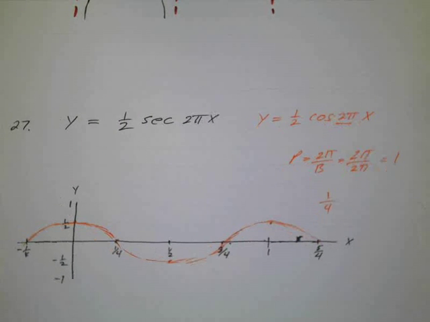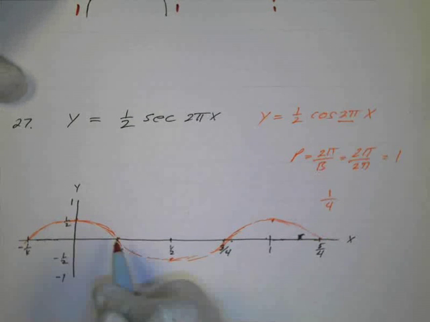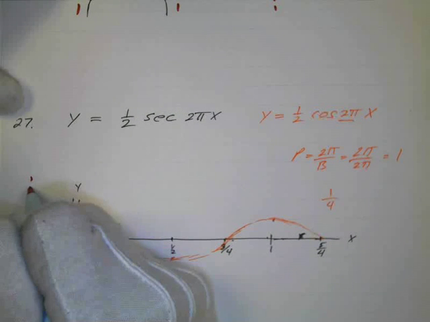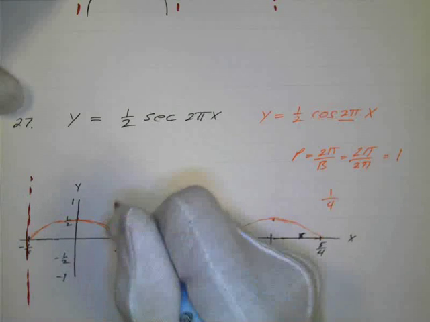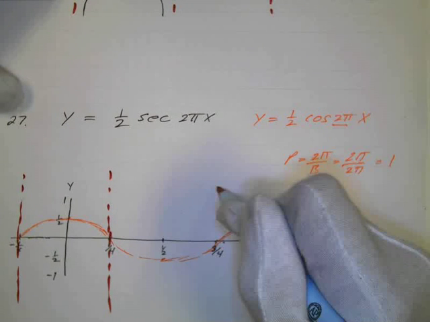There we go. Okay. And then again, we know, since the secant is 1 over the cosine, every time the cosine is 0, the secant would be undefined. So 1 over 0 is undefined, so I would have my asymptotes over here. So every time I see a 0, I can just draw a vertical asymptote.